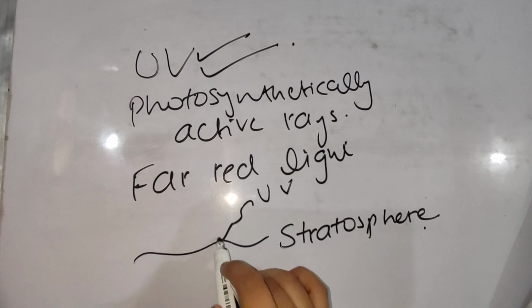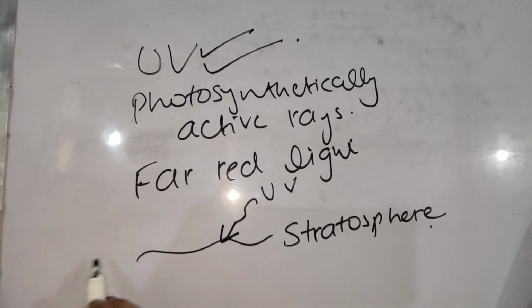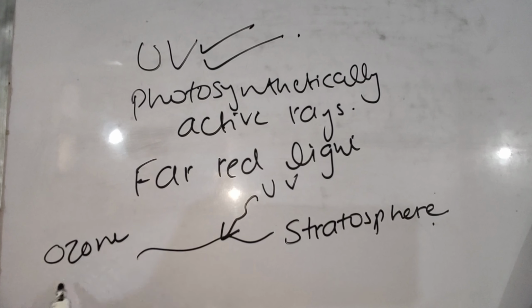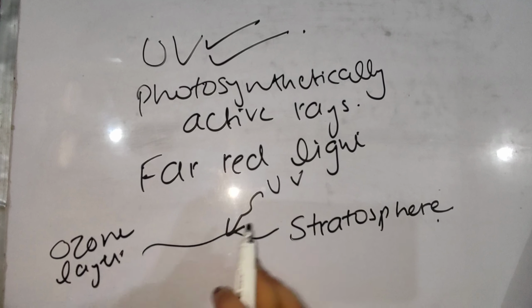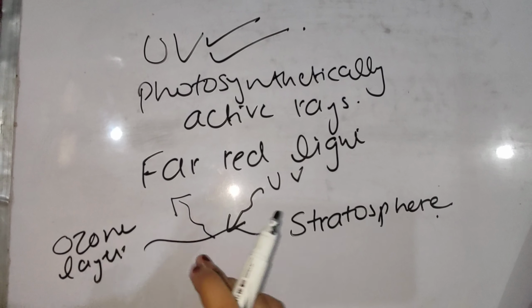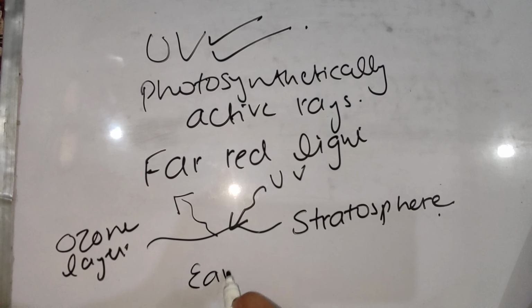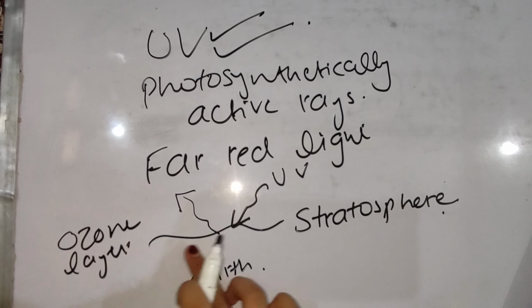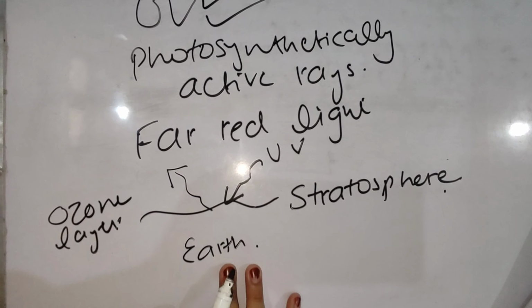UV light gets absorbed in the stratosphere, because the ozone layer present in the stratosphere absorbs UV rays and either reflects them back, so they cannot pass through and do not reach Earth.